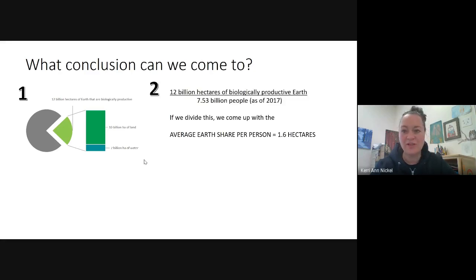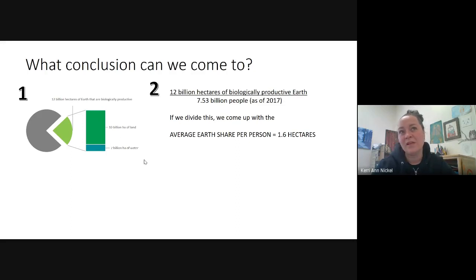The human population back in 2017 was about 7.53 billion, and it's still going up from there. But if we divide this, we come up with an average Earth share per person. So, how much Earth is really available if we all divided it out equally among us? And that would give us about 1.6 hectares.